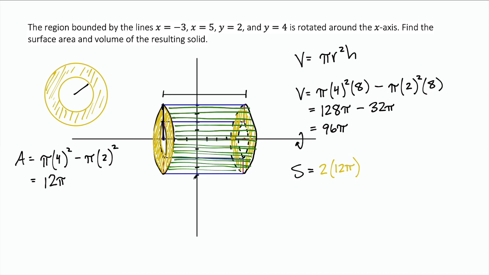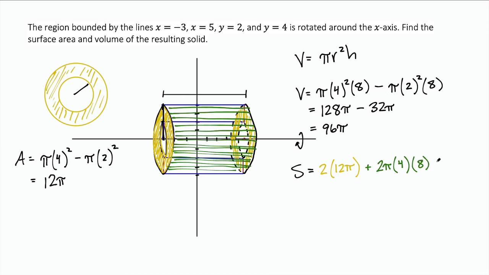Well, the surface area of the outside of a cylinder is 2 pi RH. So I'm going to add on 2 pi times the radius of that larger portion, which was 4. So 2 pi times 4 times the height of this cylinder. That's the distance between the x values again, which is 8.